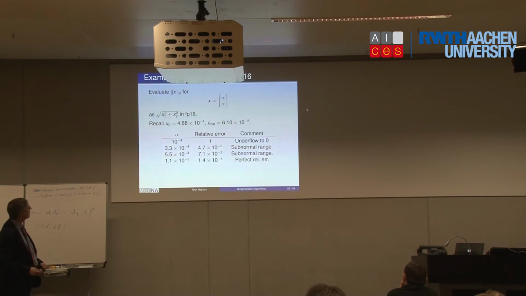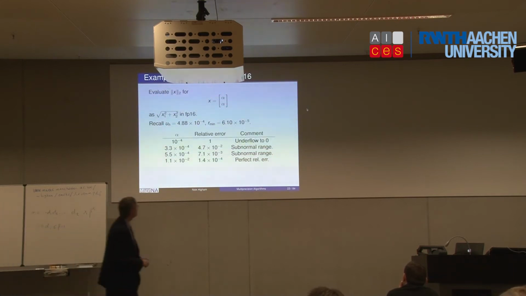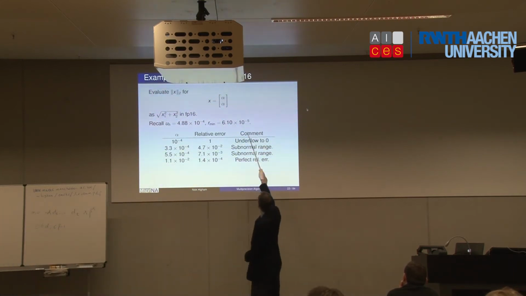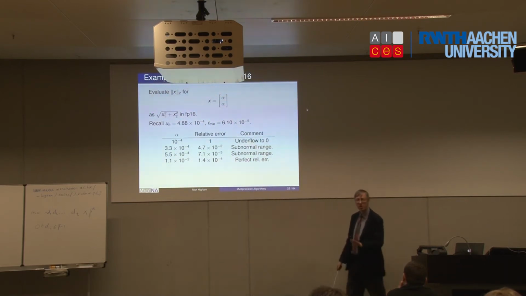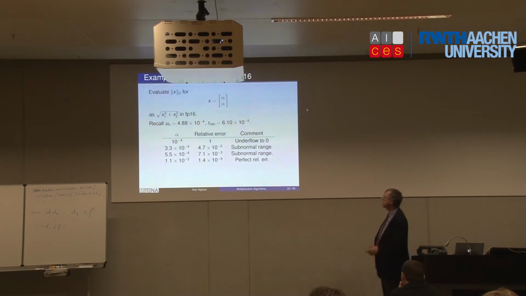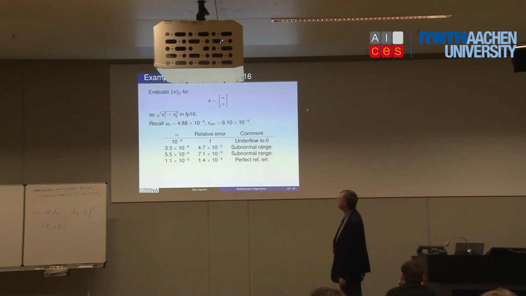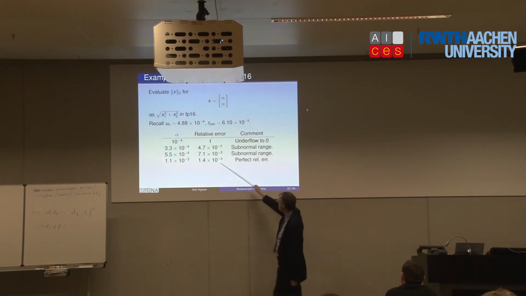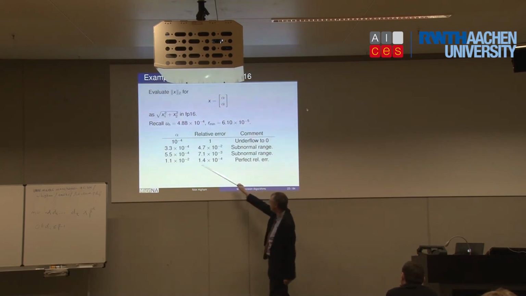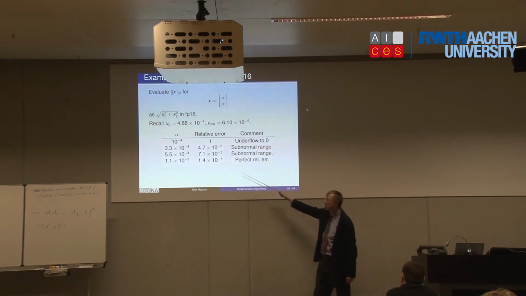So why is that? Well, if you square 10 to the minus 4, you get something less than the smallest representable number. So that just becomes 0. It goes to 0. And so we get a very poor relative error. As you increase alpha, the relative error gradually gets better until by this point we've now got the relative error we would expect, which is of order the unit round off, little u.